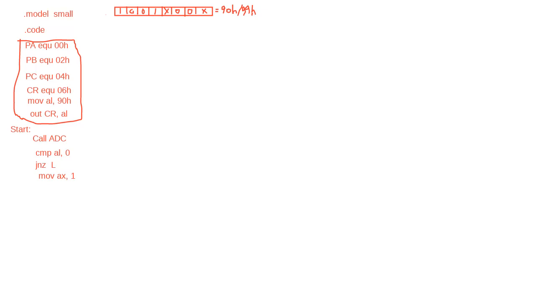And what about AH? Because we divide by 16, we have to use AX. So that's why we make AH 0. Our main value is in AL. So move AH comma 0, then we divide it by 16. So move BL comma 16.